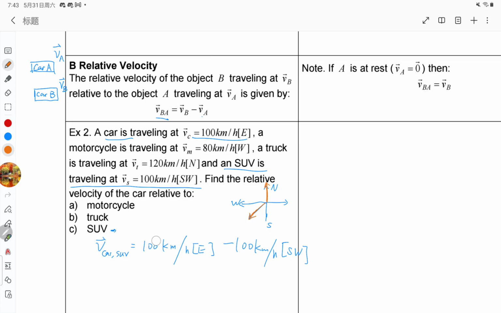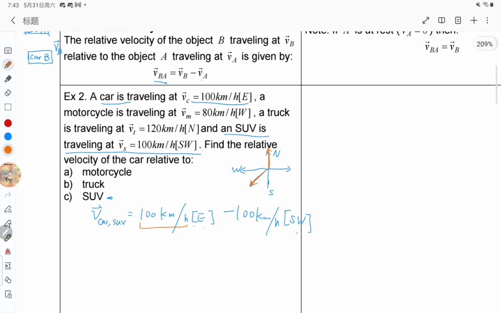Oh, sorry, this is what I wrote down here. So this is the magnitude, how long the vector is, and this gives us a direction, right? East should be going here, but I still think it's quite convenient to write it down in component form.